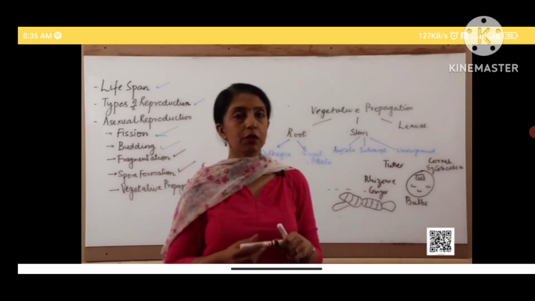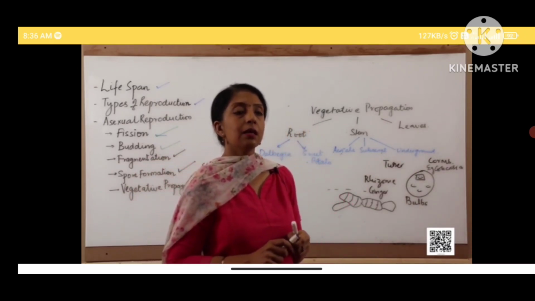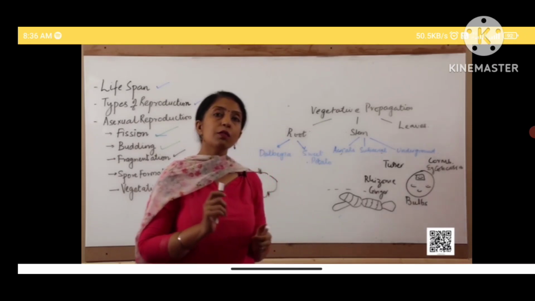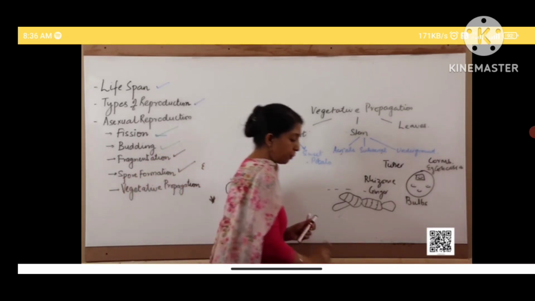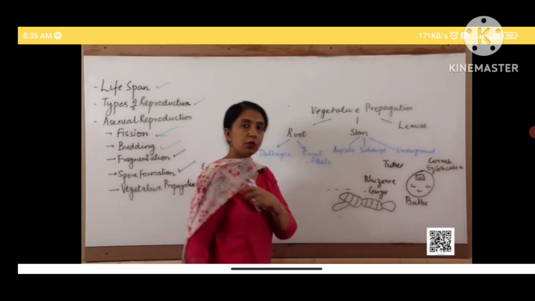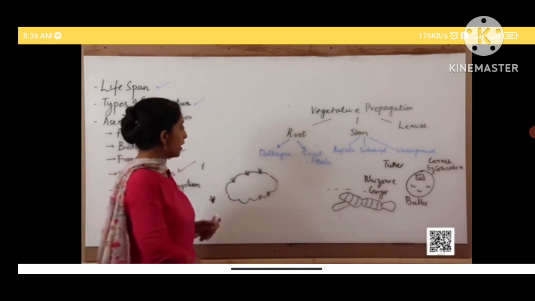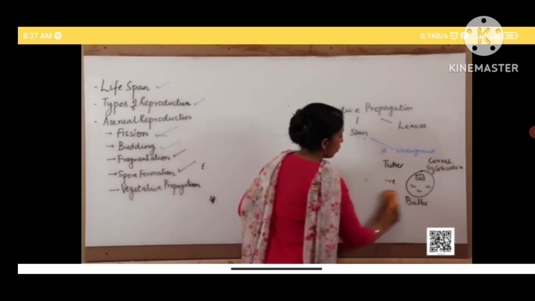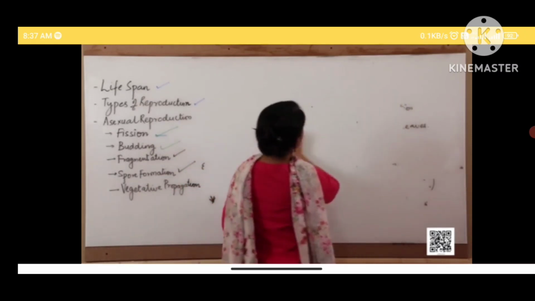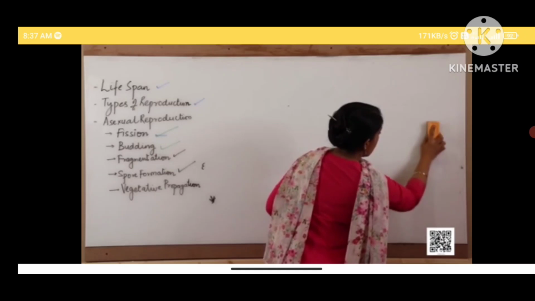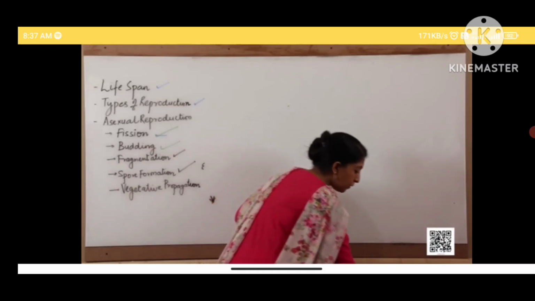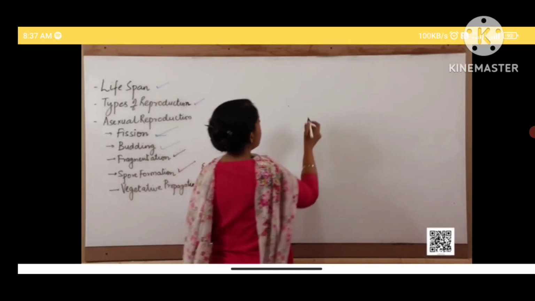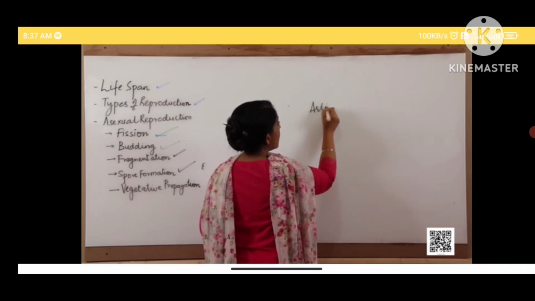Now let us see what are the various modes of artificial vegetative propagation that the agriculturalists or the farmers have developed for improvement of the crops. Artificial modes of vegetative propagation can be of many types. We'll be discussing a few here.